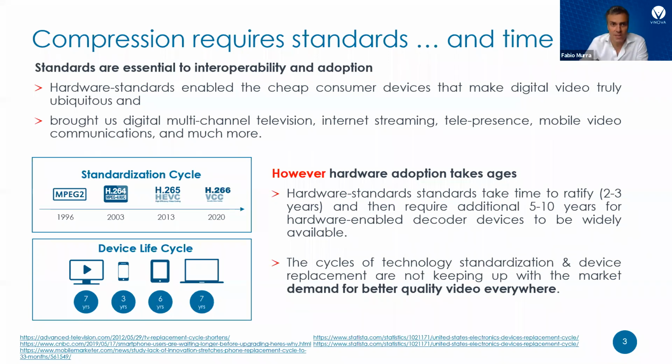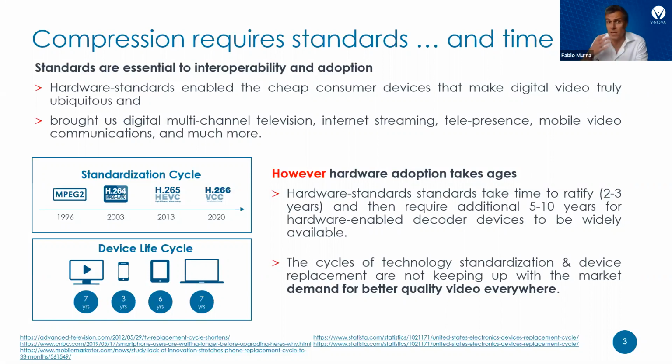Video standards have been essential to determine interoperability between different systems, encoding systems and devices in consumer hands. And in order to make these as cheap as possible, the specification had to be frozen, hardened in silicon, and made available to all of the devices in people's houses or hands.